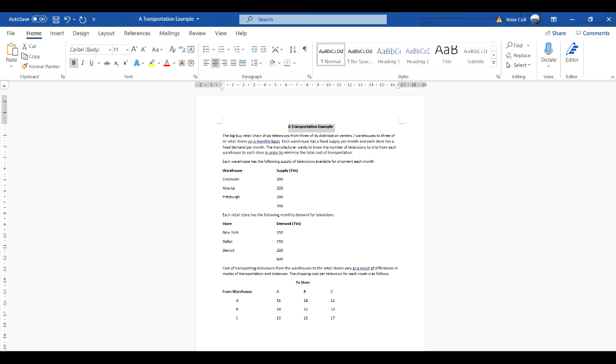So today's goal is to go through the question carefully, to understand exactly what's being asked, to formulate our objective functions, and also to look at our constraints. Once we've done that, we should have very little, if no problems at all, translating our equations into QM.